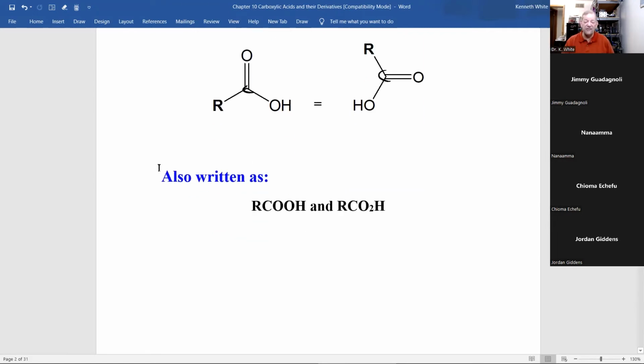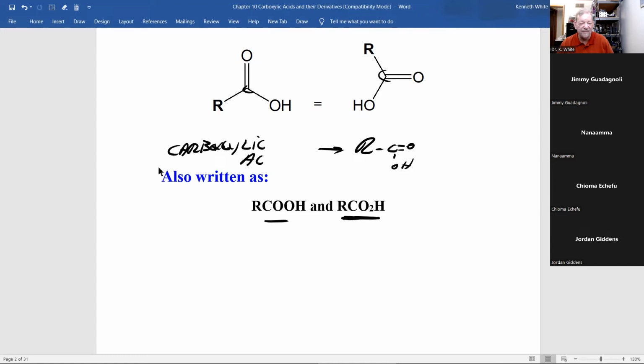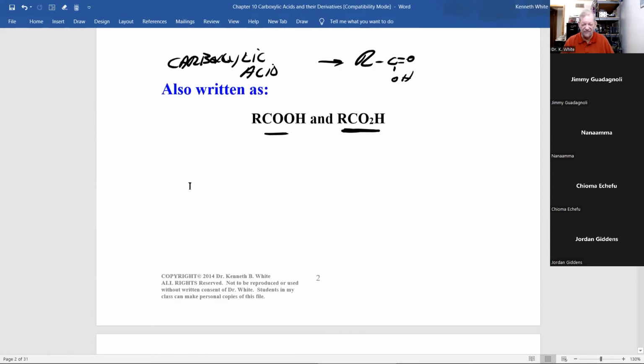Now, sometimes you'll see it written in a book like this or like this. But on tests, I'll try and draw the structure like this. And this is a carboxylic acid.